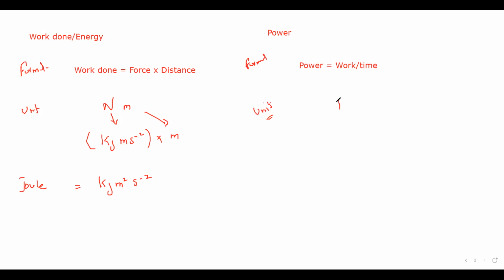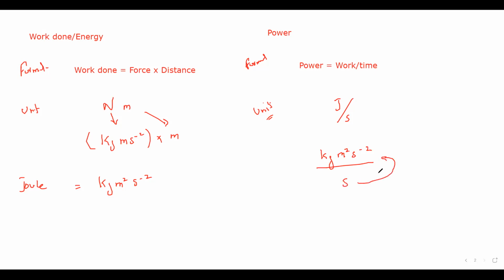Unit of work is joule and unit of time is second. But joule is not the base unit. It is an SI unit but not a base one. So it can be represented as kilogram meter square second raised to power minus 2. So in place of joule, I can write kilogram meter square second minus 2, and this is divided by second.